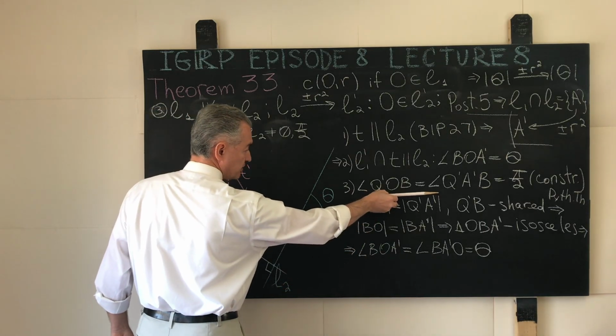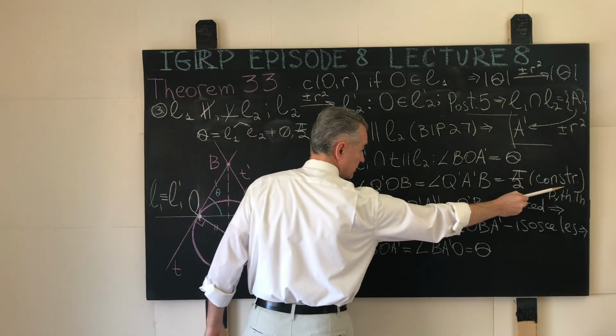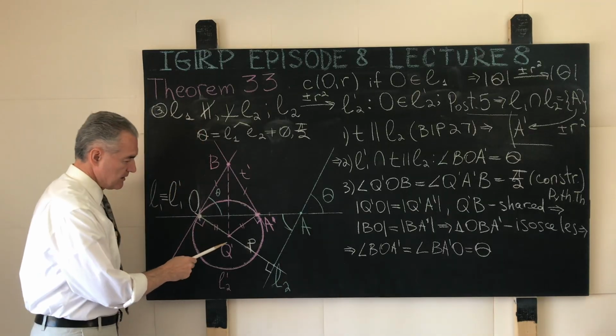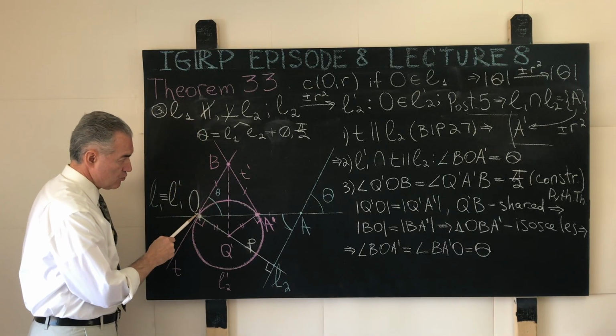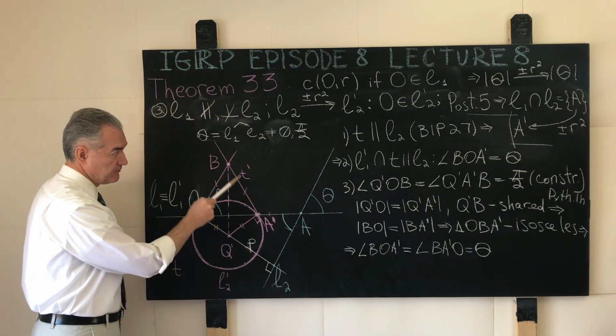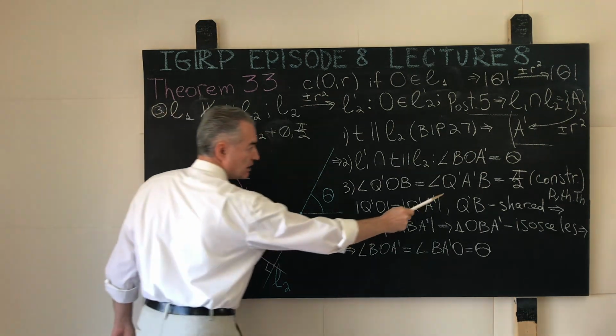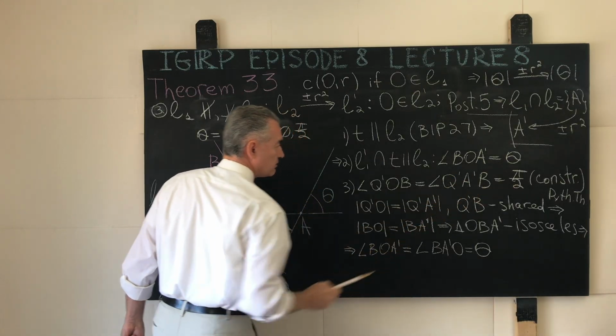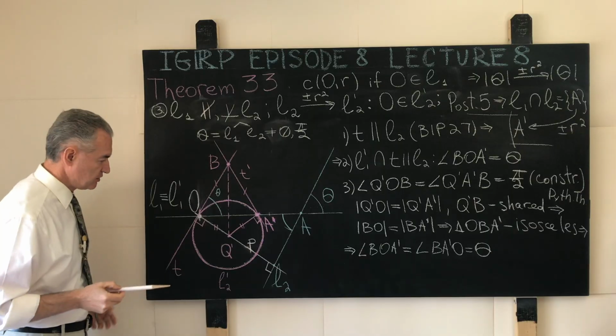We have two angles by construction. This is what I show over here. By construction, the magnitude of the angles Q prime OB and Q prime A prime B must be pi over 2 radians. These angles must be right.